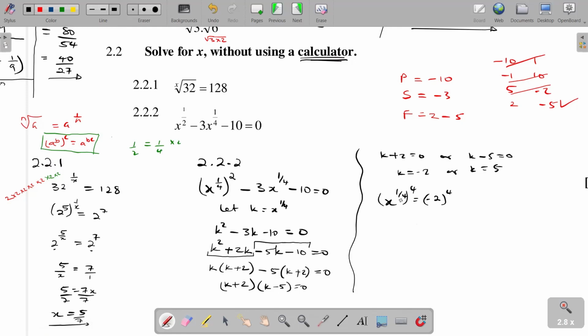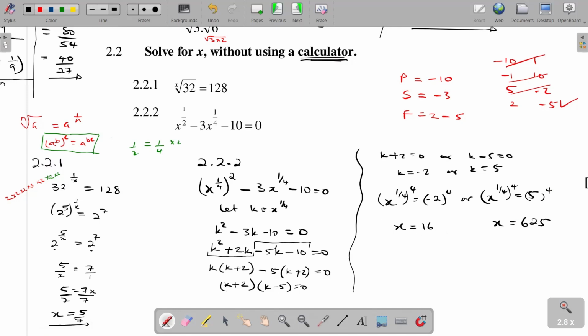So conclusively, our x is equal to 16, or our x to the power quarter is equal to 5 raised to the power 4. So our x is equal to 5 times 5, 25 times 5, 125 times 5, 625.